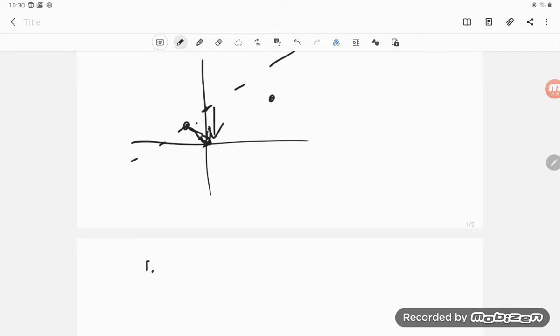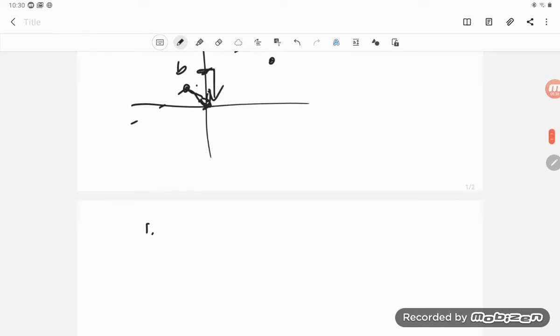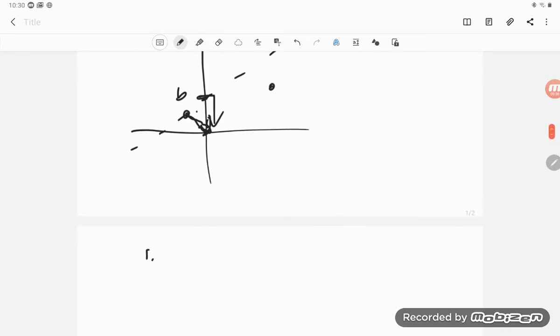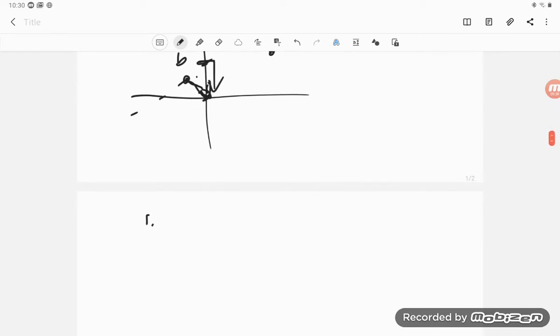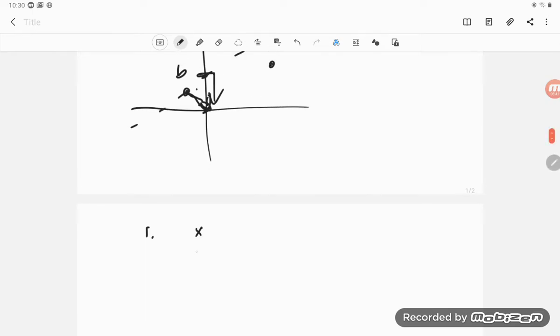We'll say there's b. So for my given x, y, I am going to subtract 0, b.